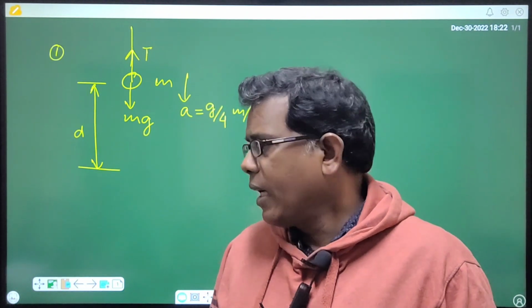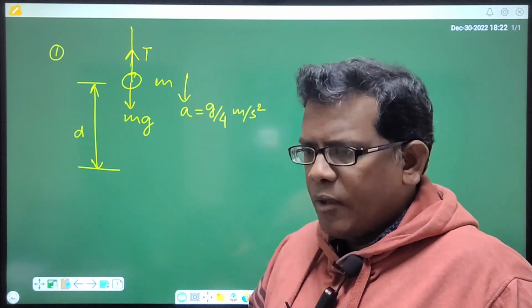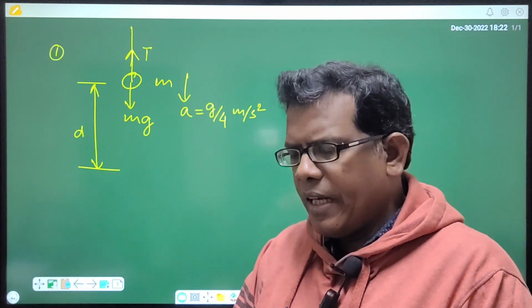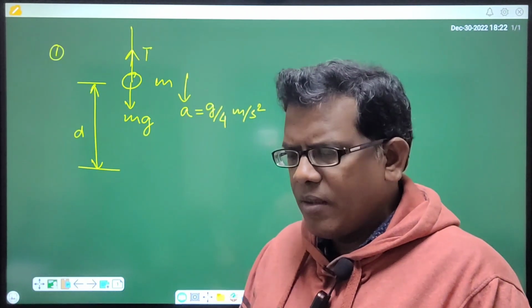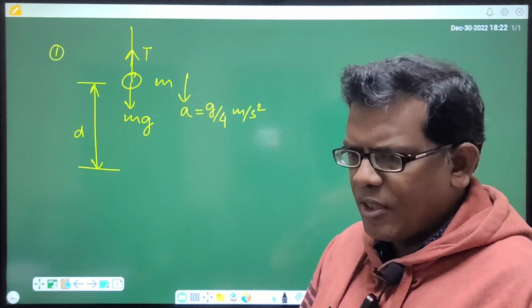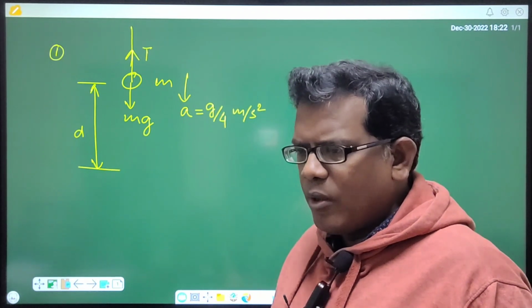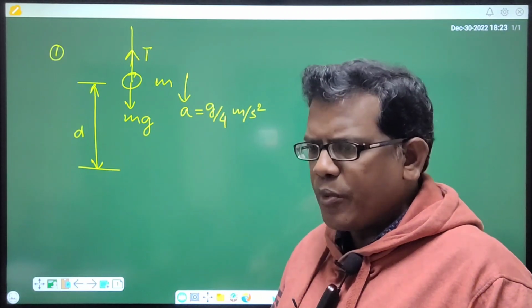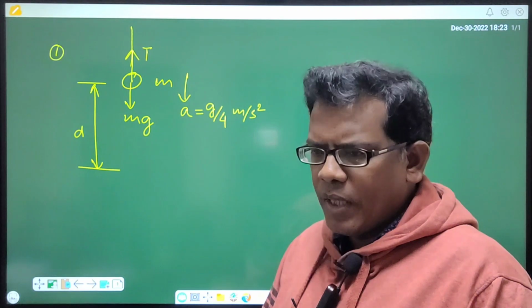I have denoted it with the symbol T, but can you simply say T is the force value? T is the notation. Tension starts with T, so usually we write T to represent the tension force, but T is not the value of that force in the string. So what will be the value of the force? Because without knowing a particular force, how can you calculate the work done by that force?